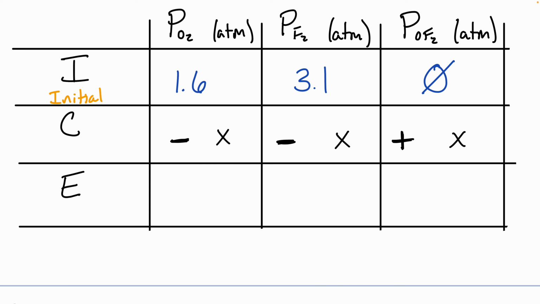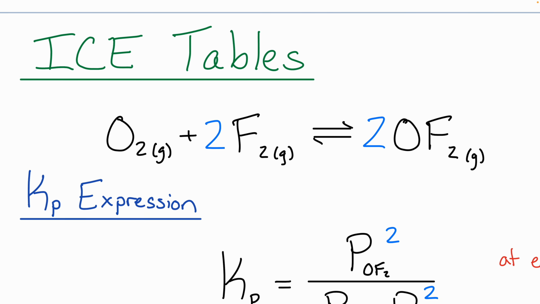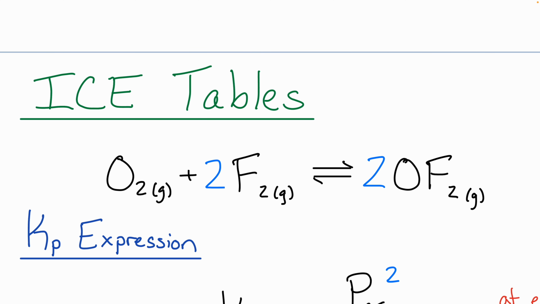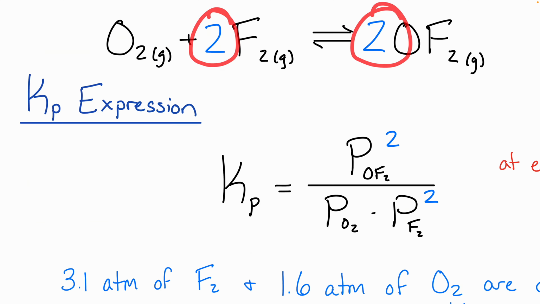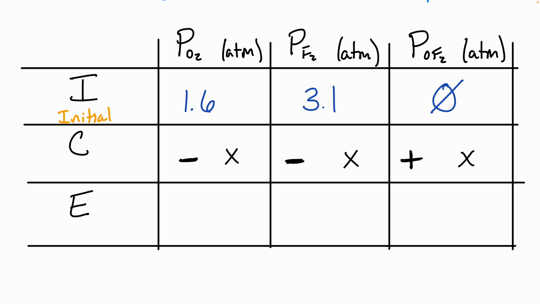And then one last thing to consider. According to my balanced chemical equation, for every 1 molecule of oxygen that reacts, 2 molecules of fluorine are reacting. Right? So there's going to be twice as much fluorine consumed as oxygen. So our stoichiometric coefficients are also going to appear in our ICE table here. Right? Both my fluorine and my oxygen difluoride have this coefficient of 2 in my balanced chemical equation.